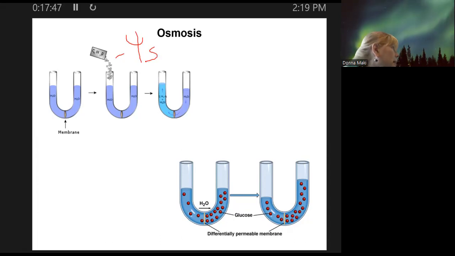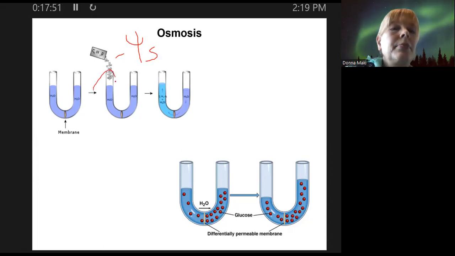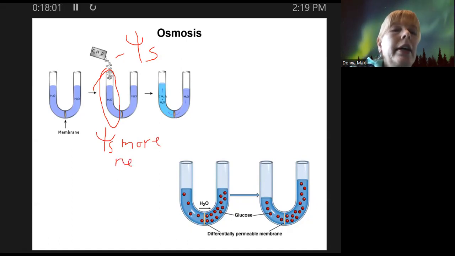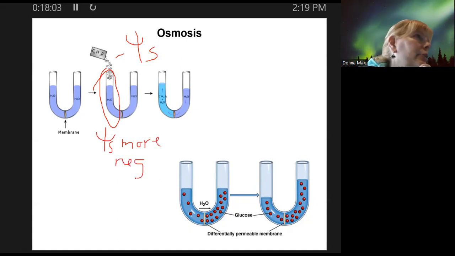So this part of the system on the left of the membrane, because you've added that solute, has a more negative ψS value. And we just said that water moves from less negative to more negative.